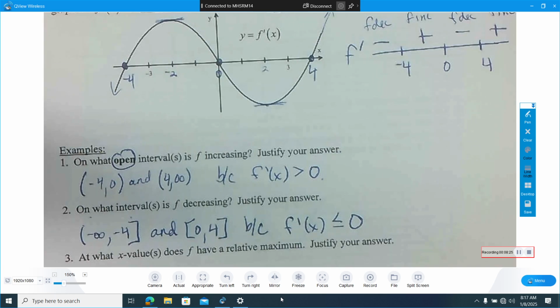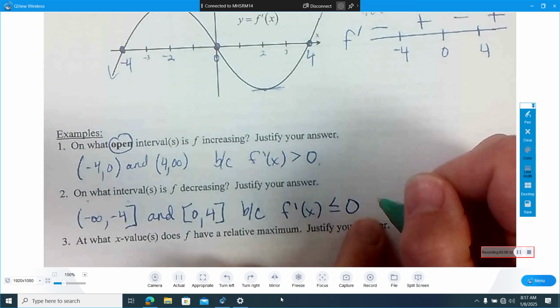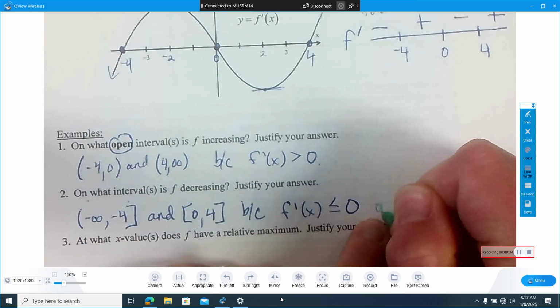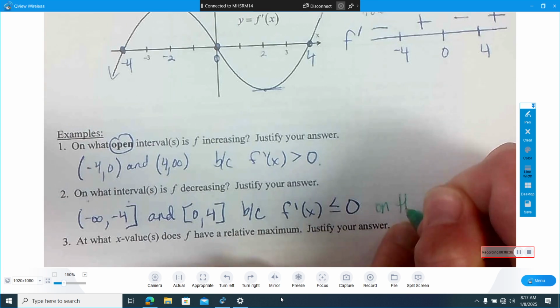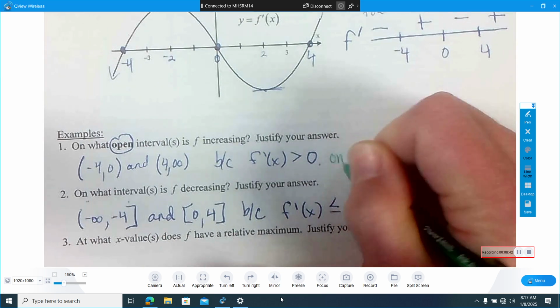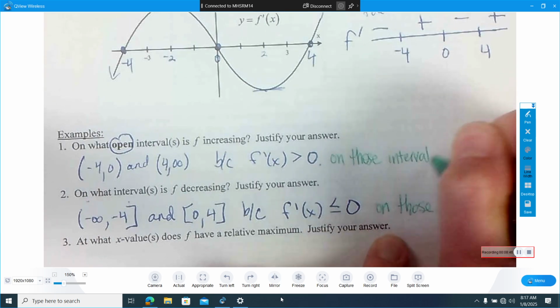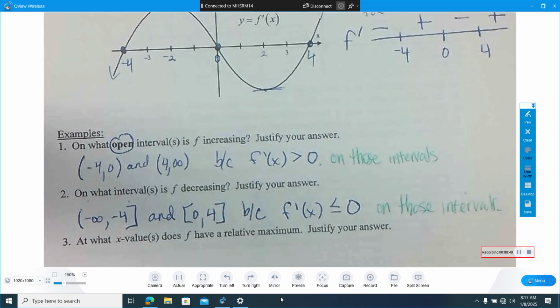I would say this is what Gary Taylor uses for his reasoning. I think it will count, but I'm just going to add in here, on those intervals. It's just a level of specificity that sort of increases it.